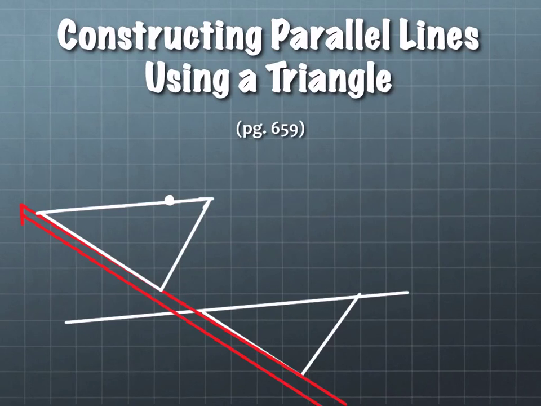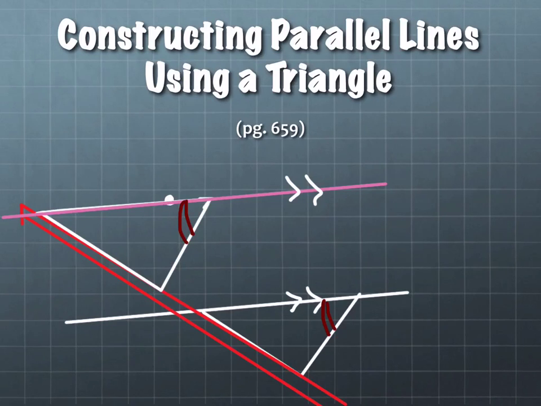So this line that I created up here along the side of the triangle is now parallel to this line that I originally started with at the bottom. And again, the reason is because corresponding angles are congruent. This angle is congruent to this angle, and so forth. You can mark any of them you'd like. The corresponding angles being congruent mean our lines are parallel.